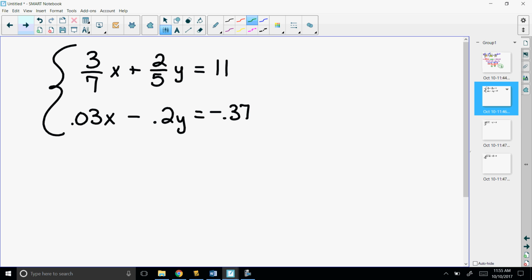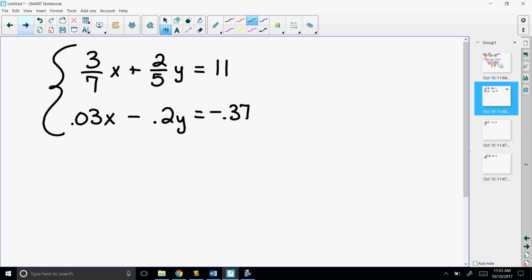But if not, when you solve this system of equations, you are looking for the intersection point between those two lines. And two lines intersect at one point, unless those lines are parallel. If those lines are parallel, then you don't get a solution because parallel lines do not intersect each other.